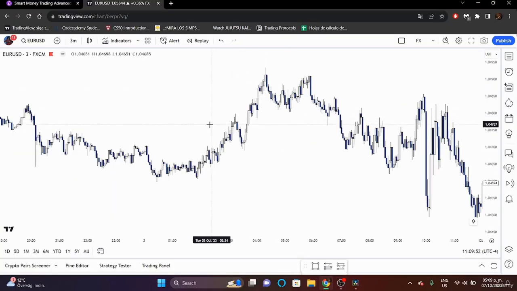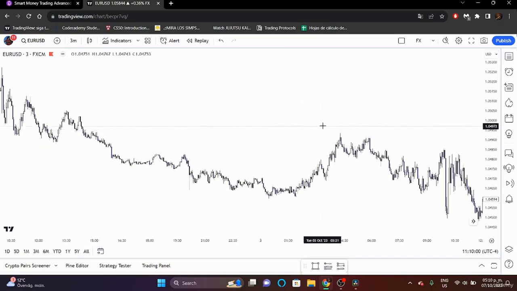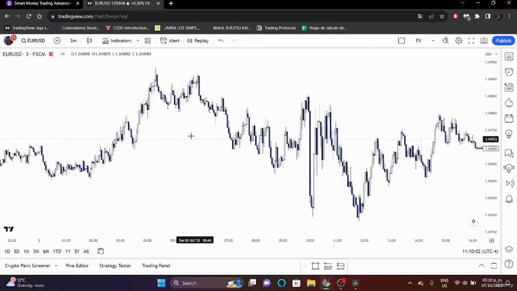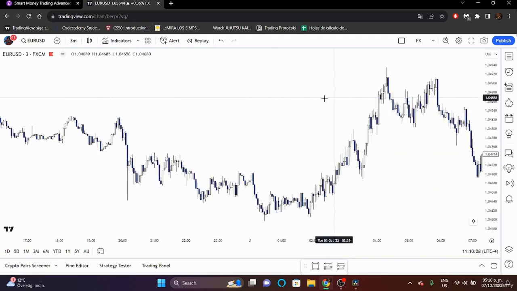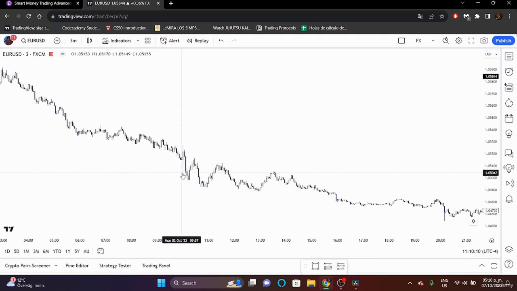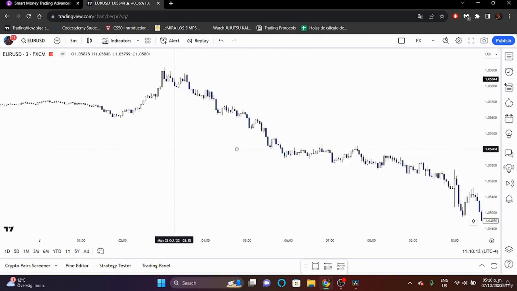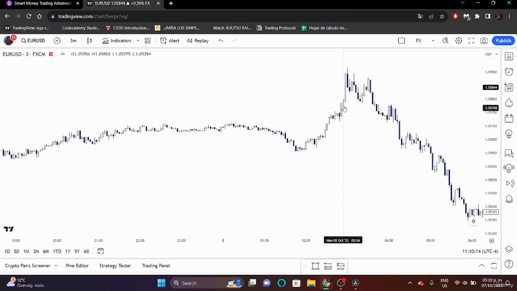Okay, here we go. We go up, we go up, we go up, and let's say we were bearish in this case. Well, there's a little bit of consolidation here, so there's not even a chance for me to explain propulsion blocks here. Let's go to a better price action. Okay, here we go.